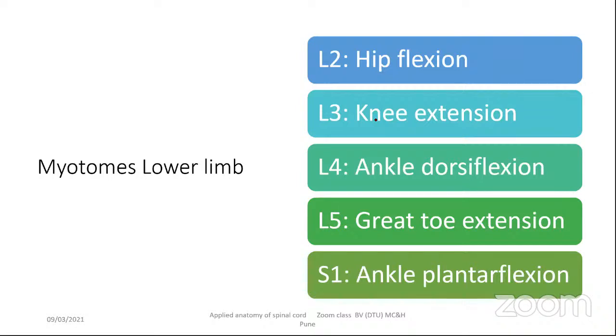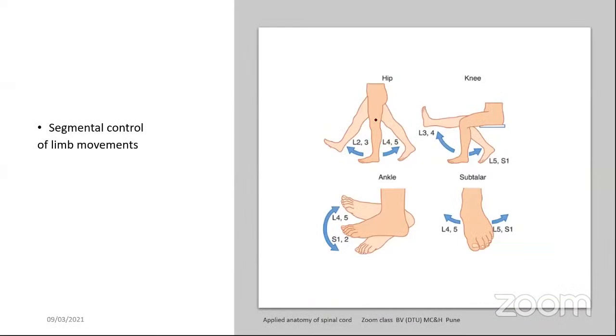The knee extension, ankle dorsiflexion, great toe extension, ankle plantar flexion can be seen in the following diagrams, how L2-3 does the hip flexion and extension. The knee extension and knee flexion are by L3-4, L5, S1; L4, L5 ankle dorsiflexion, plantar flexion S1-2, gastrocnemius and soleus muscles, and these are the subtalar joints which implement the medial and lateral rotation. So these are the muscles.